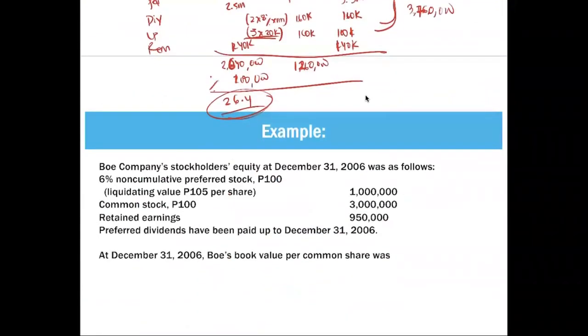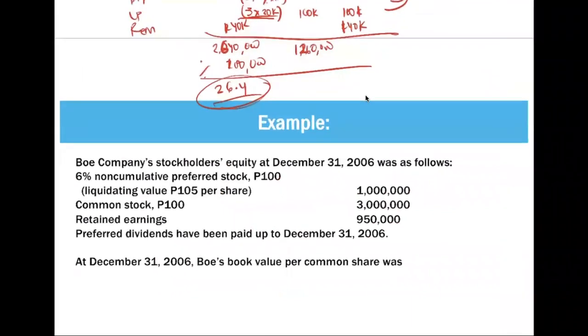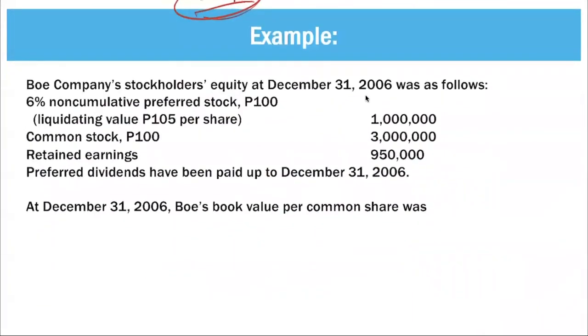Last example, Bow Company stockholders' equity at December 31, 2006 were as follows. 6% non-cumulative preferred stock 100, liquidating value of 105, common stock 100, retained earnings 950. Preferred dividends have been paid up to December 31. So it was already paid. We do not need to provide any amount of dividend as to your preferred stock.